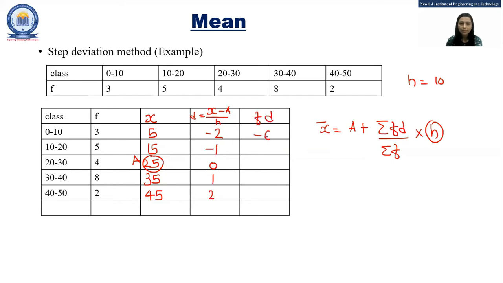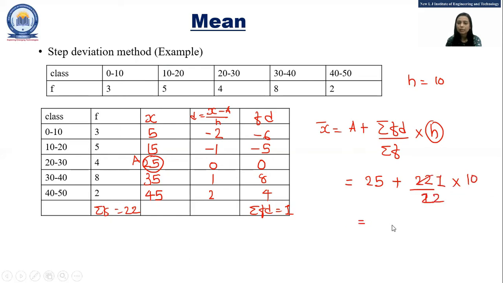So that is minus 6, minus 5, 0, 8 and 4. So sigma fd is nothing but 1 and sigma f is equal to 22. So let's put the value over here: 25 plus 1 divided by 22, into 10.